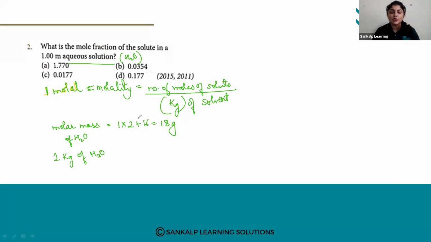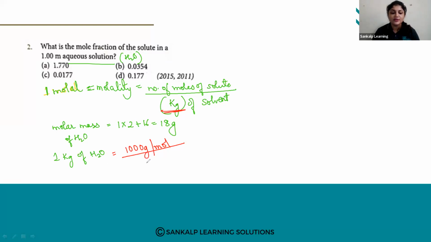Okay, so molar mass we have discussed. Now, which 1 kg is this? 1 kg of water means 1000 grams. So 1000 gram divided by the molecular weight, right?